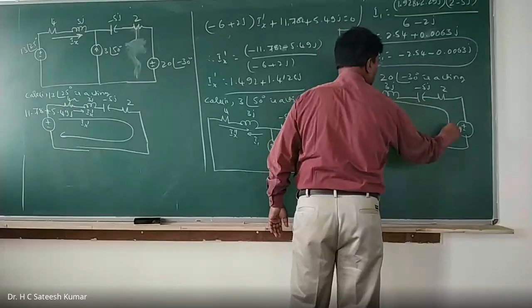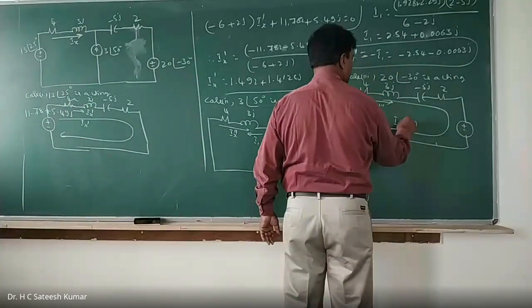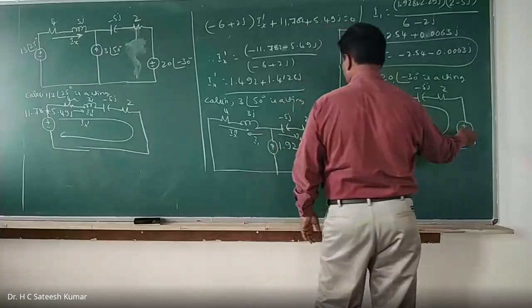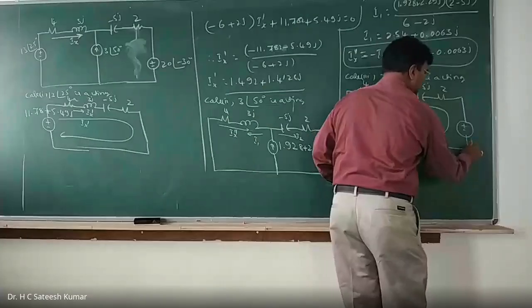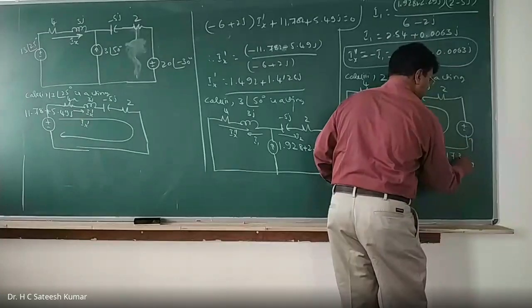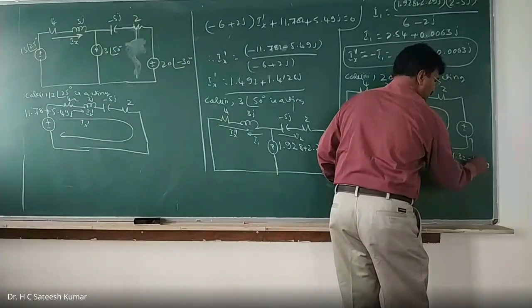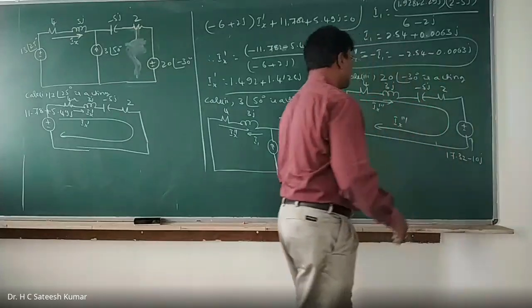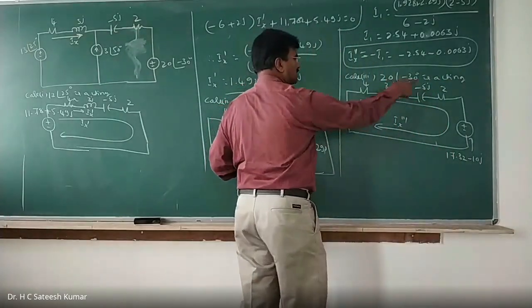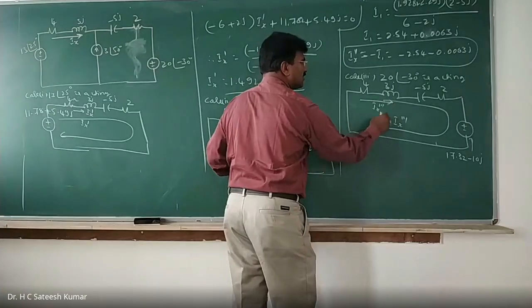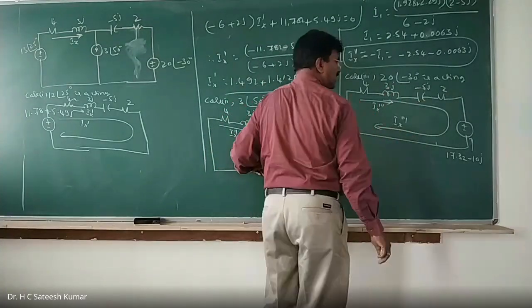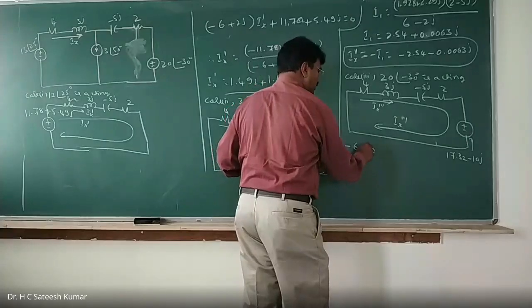Loop current, also the same thing you take. Ix triple dash only. What is this one, madam? Convert it: 17.32 minus 10j. Now we apply KVL. Same direction: minus 6, 3j minus 5j minus 2j, it becomes plus 2j.